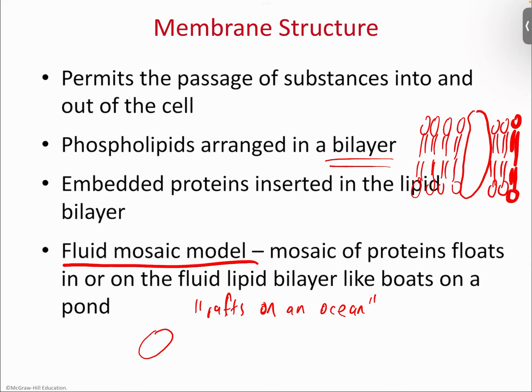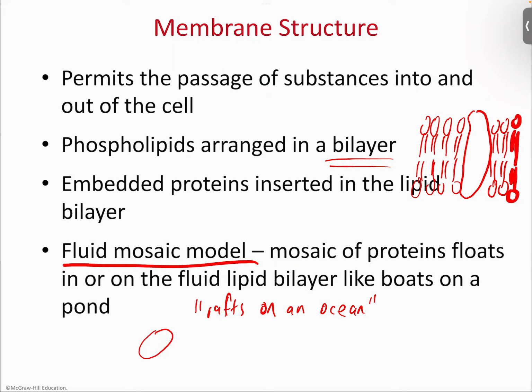I don't know. But it's all random, isn't it? You're just drifting about, and basically there's a vast, endless expanse of water between you and the next sign of civilization. That's the way we used to think about it. We used to think of occasional proteins separated by vast expanses of membrane, hence the term rafts on an ocean.